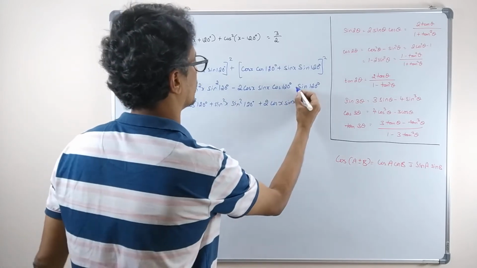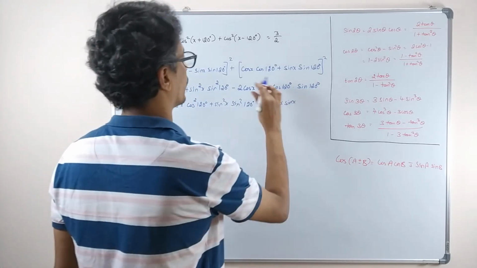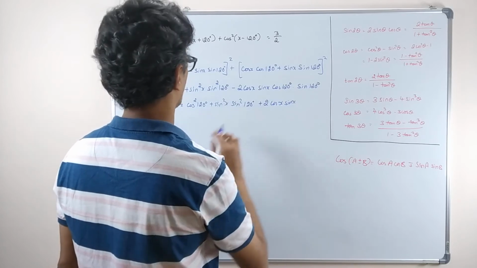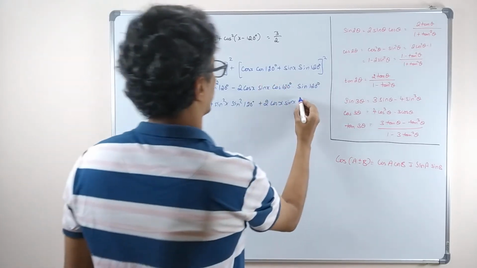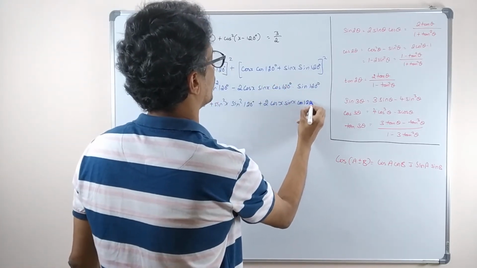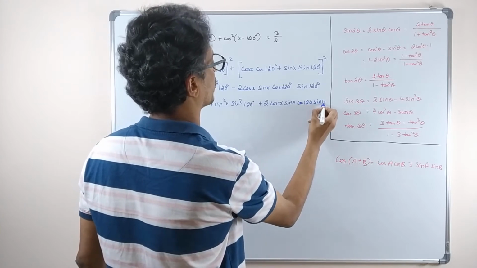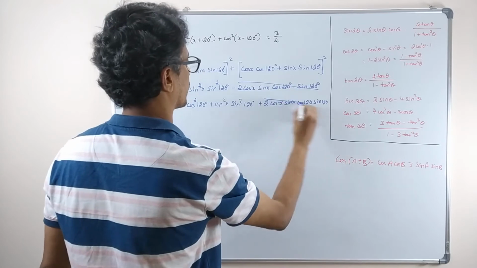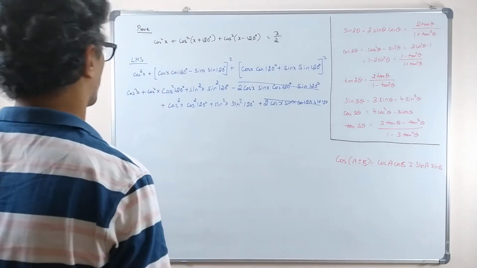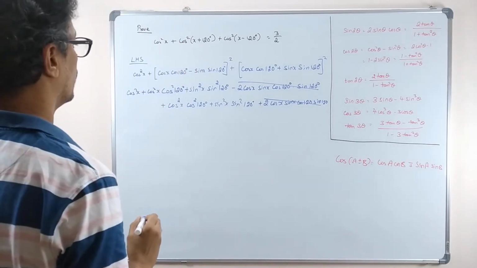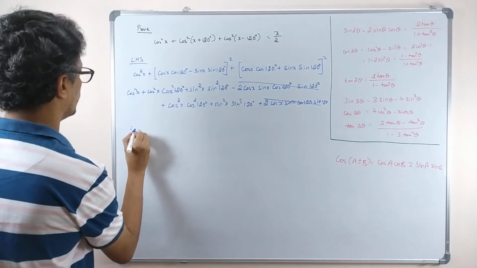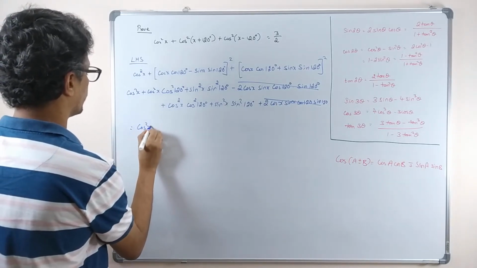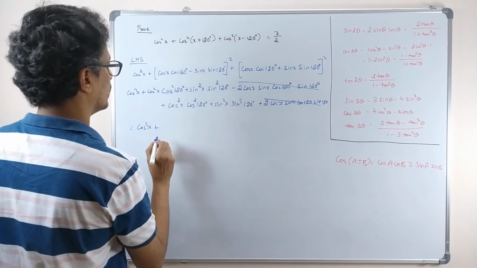Correct? These both will get cancelled. You can cancel these two. So what are we left over with? We are left over with cos square x plus cos square x.